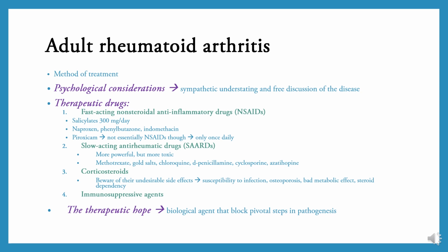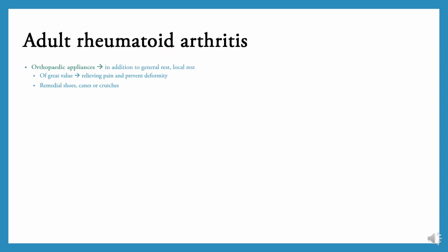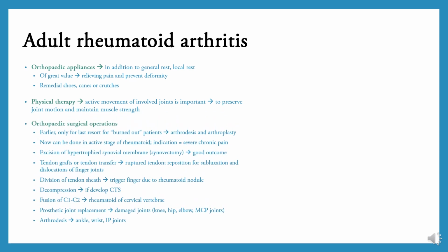The therapeutic hope is biological agents that block pivotal steps in pathogenesis. In adult rheumatoid arthritis, we could also use orthopedic appliances, physical therapy, and also orthopedic surgical operations.